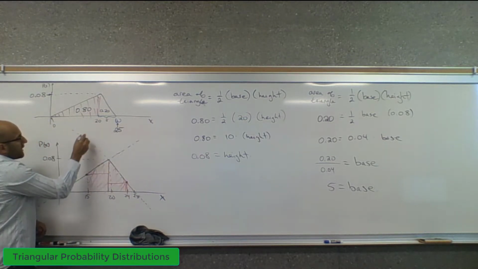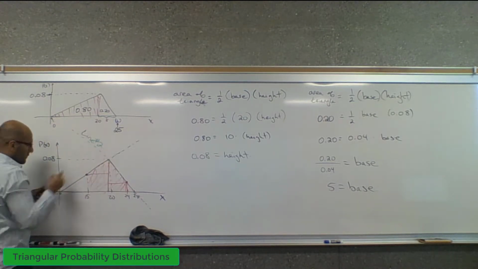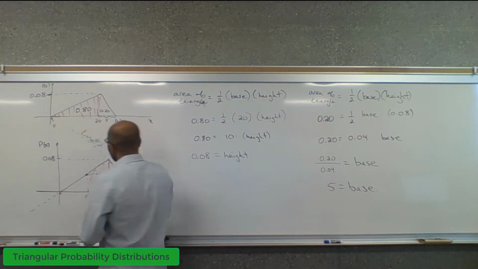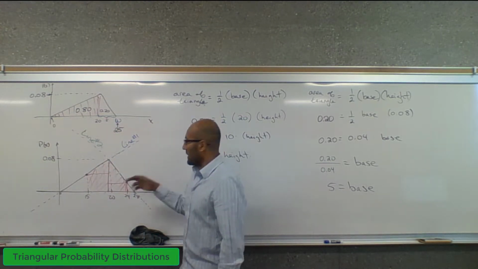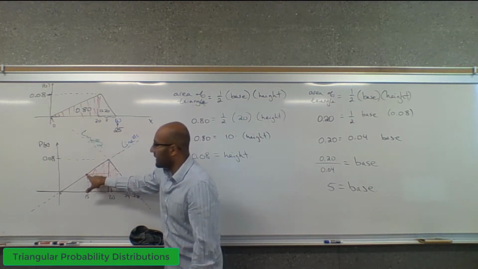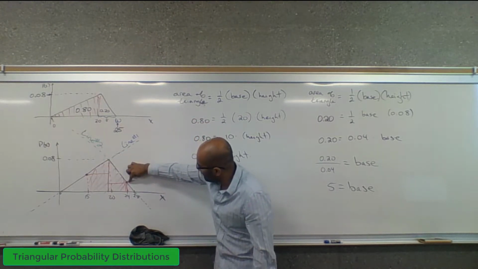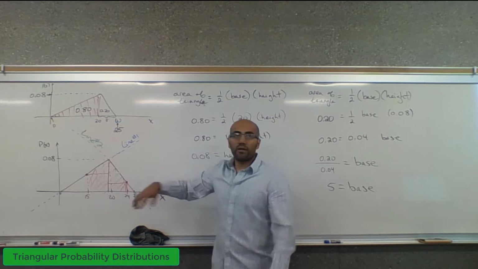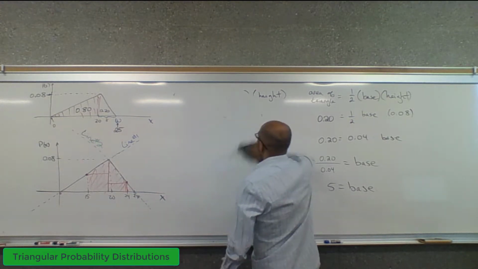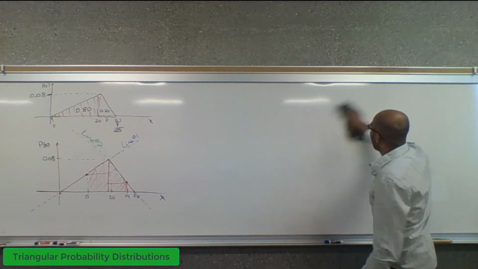Let's call this line number 2, and over here we'll call this one line number 1. We need the equation of line 1 so that I can find that point right there, and the equation of line 2 so that I can find that point right in there. So we're going to have to do y equals mx plus b twice, double the fun, in order to find the 2 points that I want.